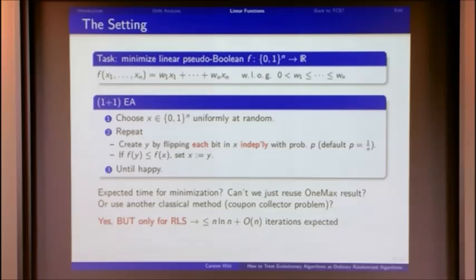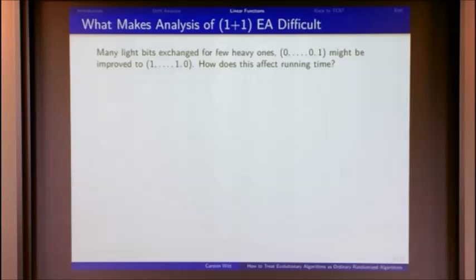So the 1 + 1 EA might do nasty things by flipping many bits in a step. For example, if we have a search point like this, the first n-1 bits, all of them are 0, and the most significant bit is 1. And let's say that the weight at this most significant bit outweighs all the other bits together.